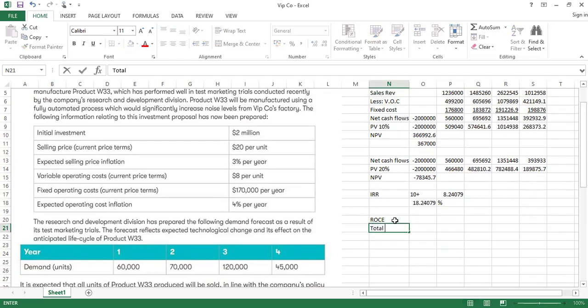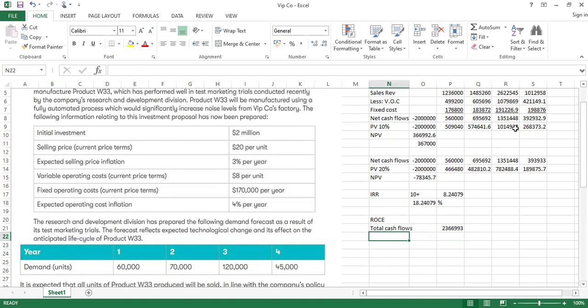Total cash flows is equal to, these are the total cash flows. Now what to do?